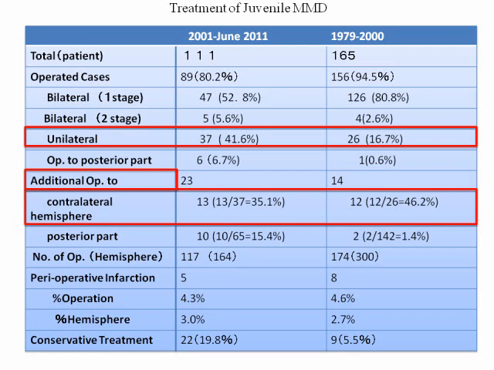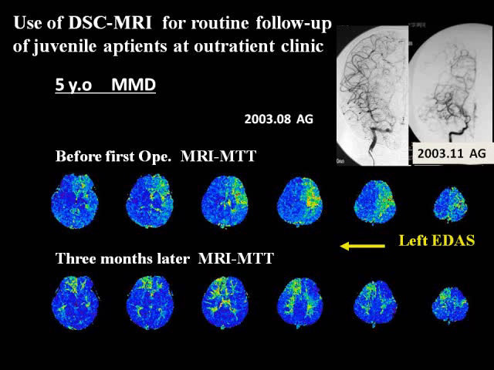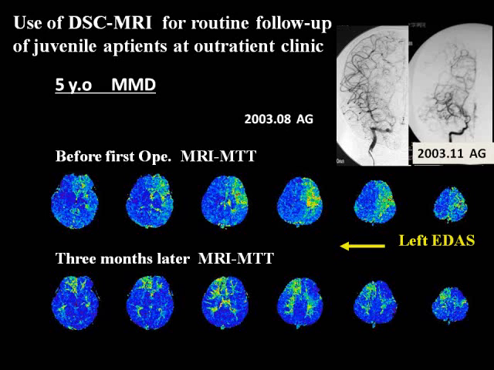Another change was noted in the increase of unilateral surgery in initial operation. Patients were followed up, and for some patients, additional surgery was performed on the other side, but the rate of additional surgery also decreased a little bit. This is an example of a patient. This patient has bilateral lesions, so this is Moyamoya disease, but in the initial stage, only the left hemisphere had impaired circulation.